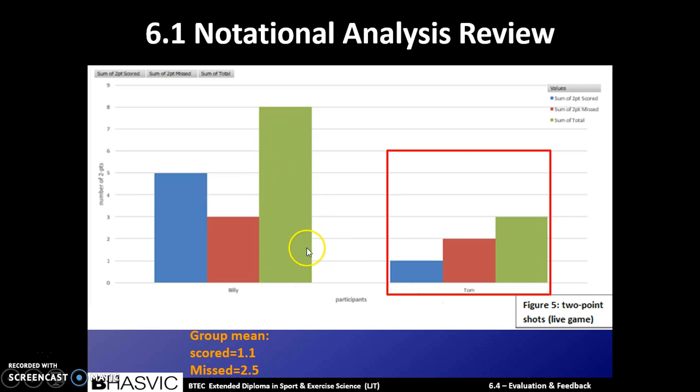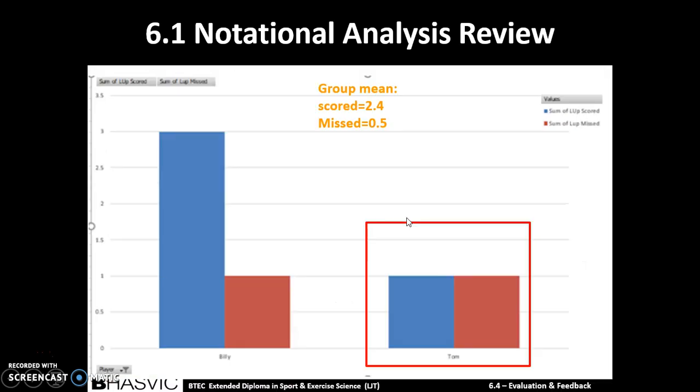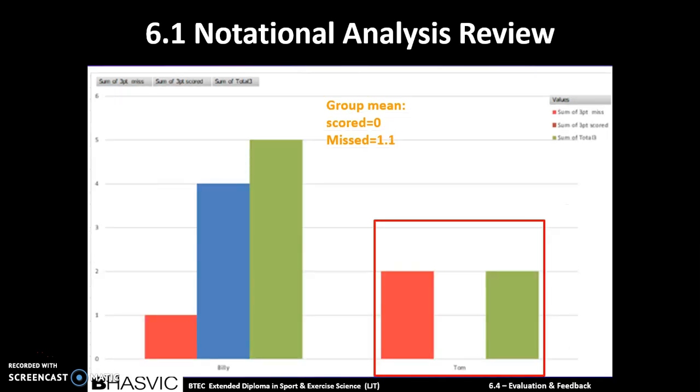So you've got your total in green score here. Layups, same sort of thing: much less scored, same missed, overall much less taken. And we also looked at 3 points scored; you missed your total and didn't score any here.